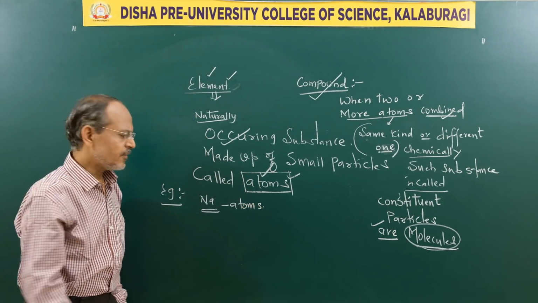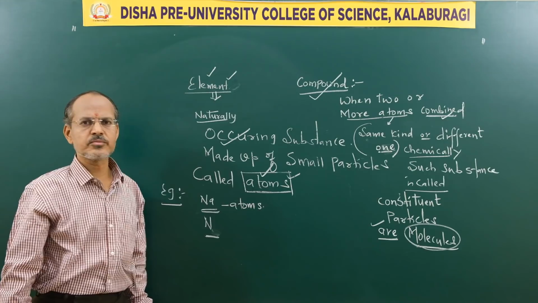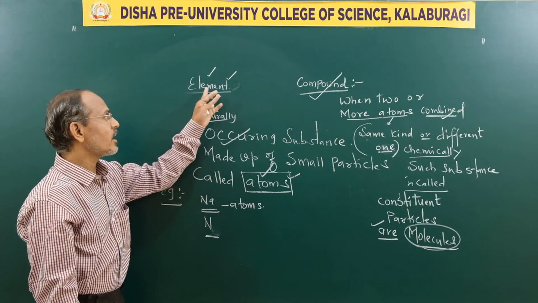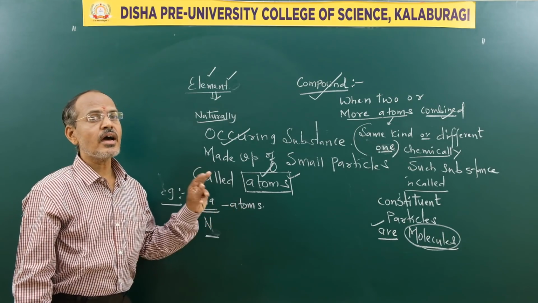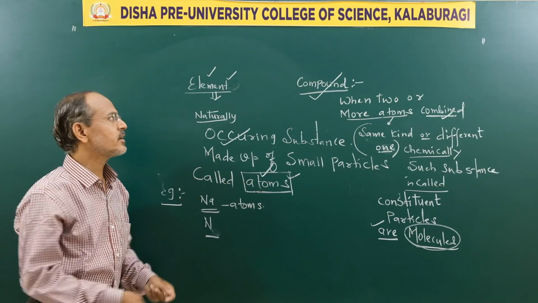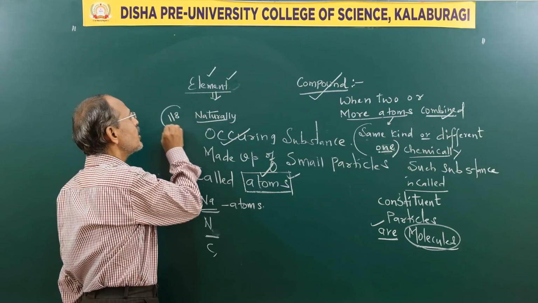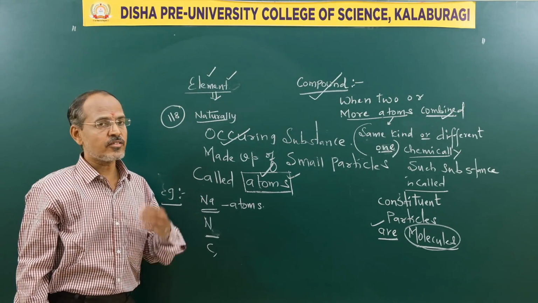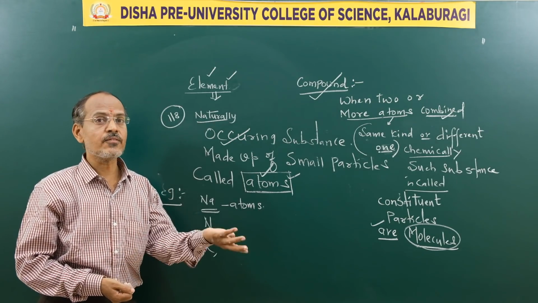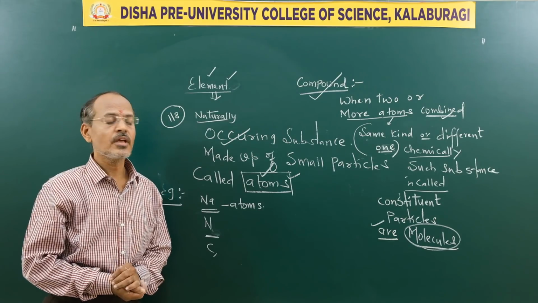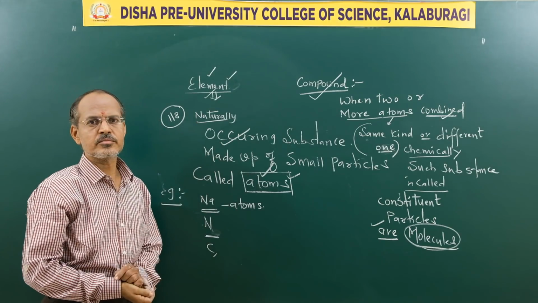Another example, if I take nitrogen, N2, or I can say N. Nitrogen is again an element which is made up of nitrogen atoms. Like that, carbon you can say. There are 118 elements. Most are naturally occurring and a few are synthetic, that is, artificially prepared in the laboratory. So this is the element definition.